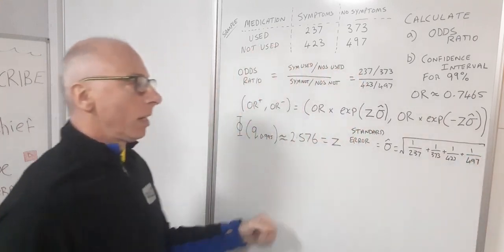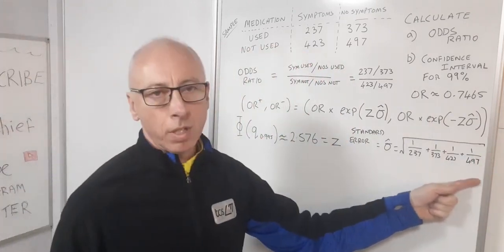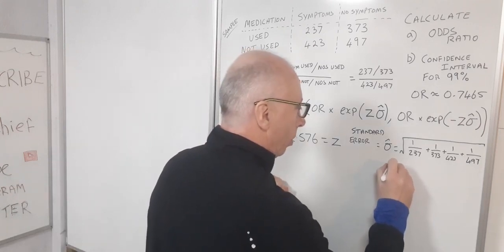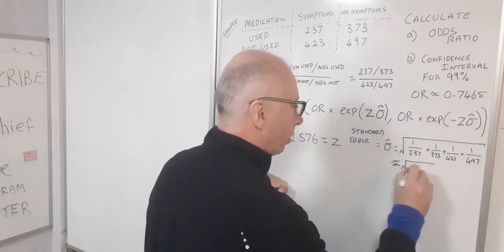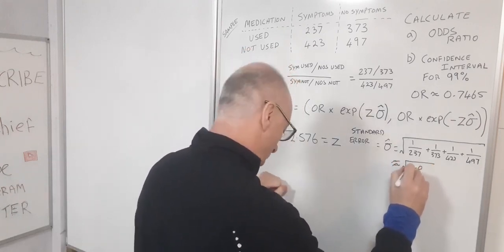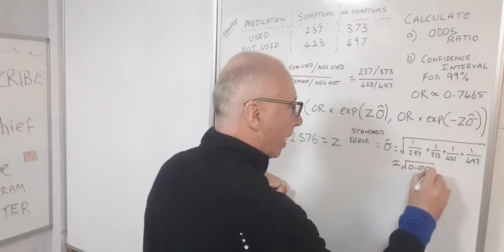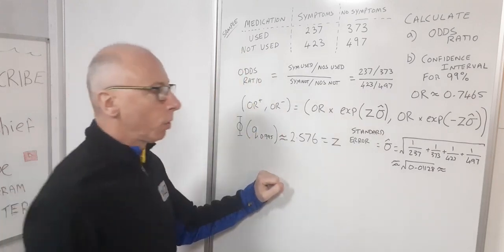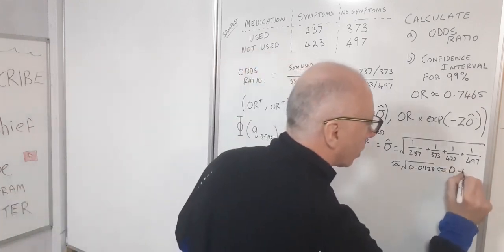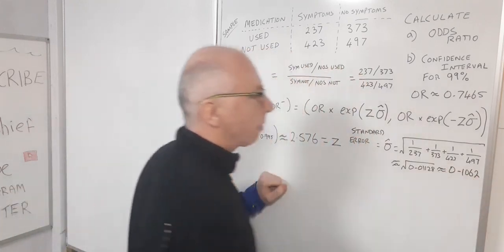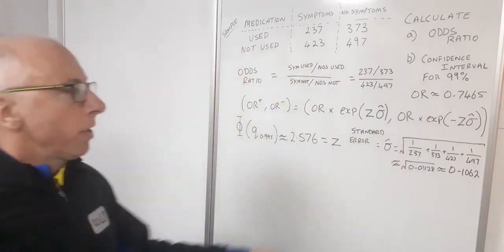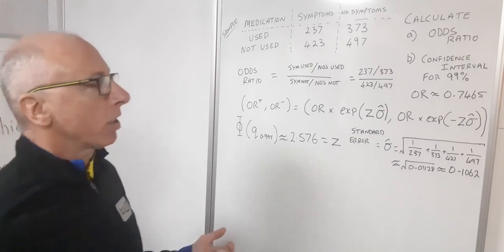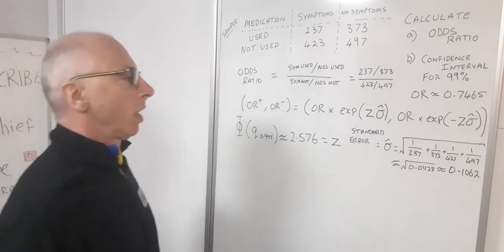Okay, so now we put all those numbers into our calculator and we will get approximately the square root of 0.01128, which gives us a value of approximately 0.1062. So that's 4 decimal places. With our rounding errors, that should give us plenty of room to get a nice accurate confidence interval.